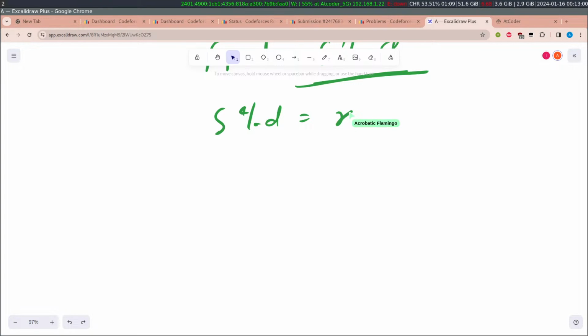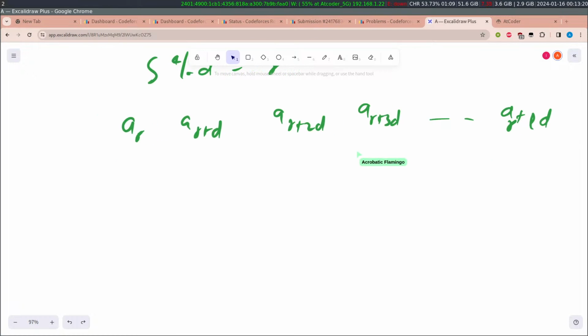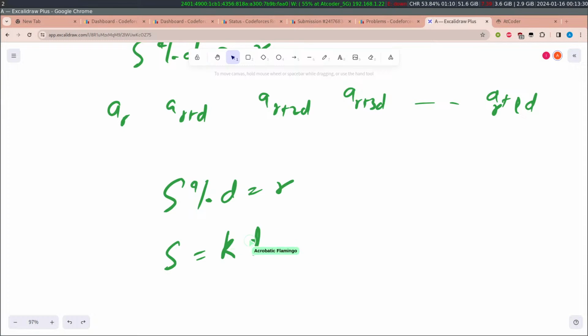Then let's write down all the indexes at once: a of r, a of r plus d, a of r plus 2d, a of r plus 3d, up until some final index a of r plus ld. Now s would be somewhere over here, because s mod d is r, so s would be equal to some ud plus r.